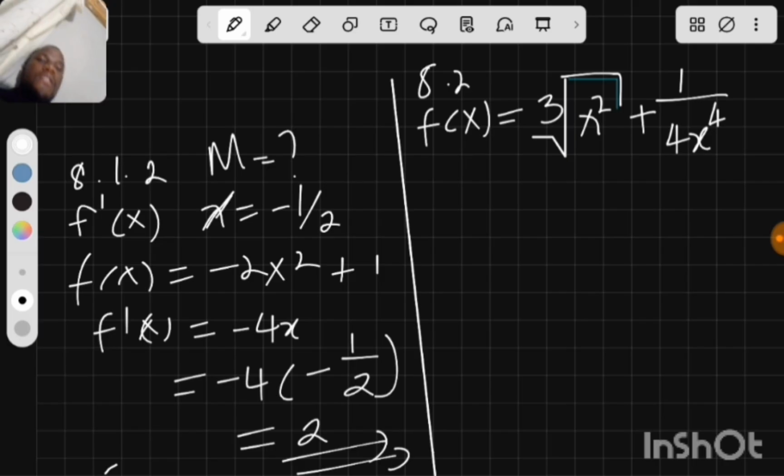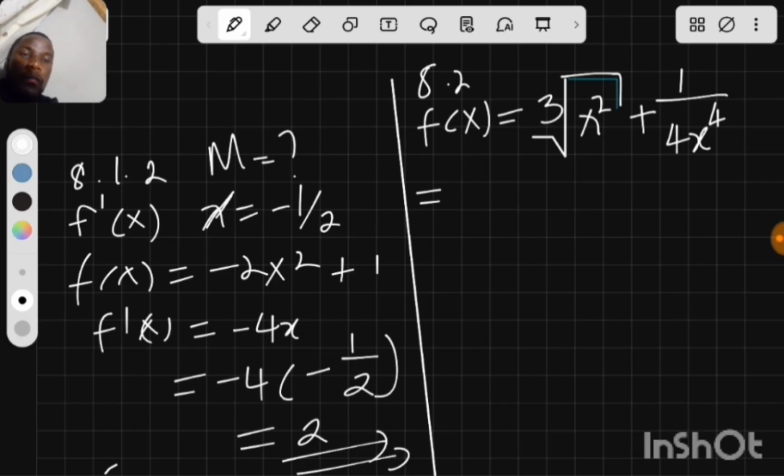When doing the derivative, make sure that anything you differentiate with respect to is not placed in the denominator. Make sure that it is in the numerator, and try by all means to eliminate the cube root and square root in order to differentiate. So let's first try to eliminate the root.